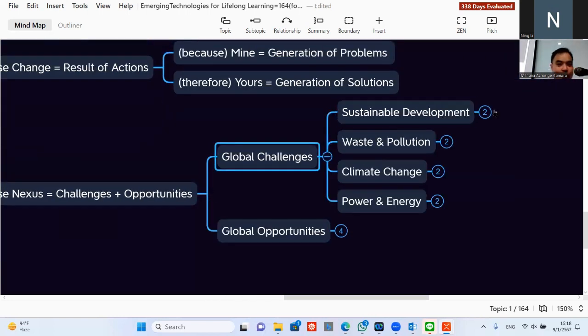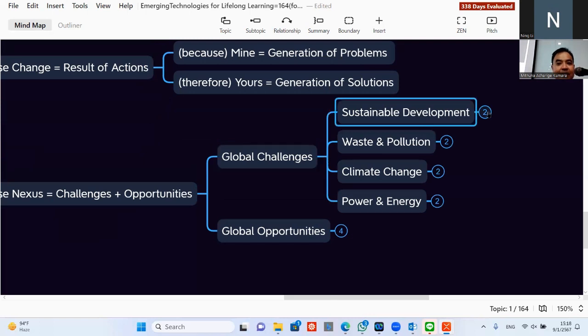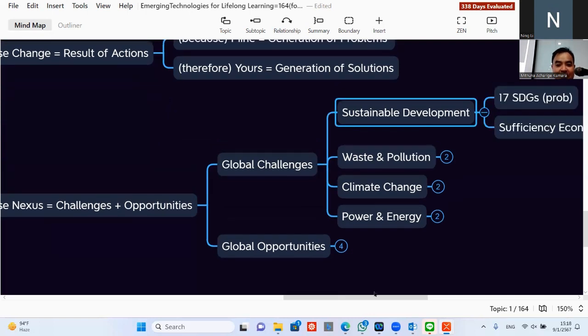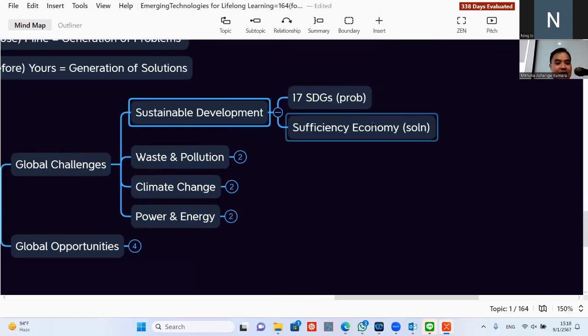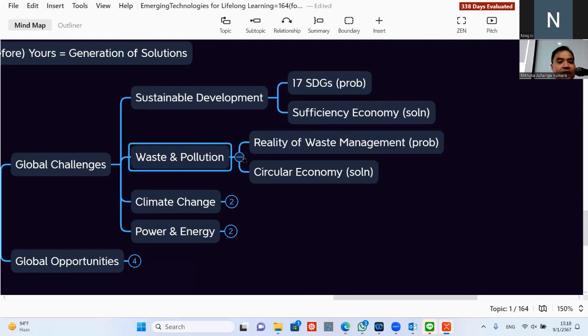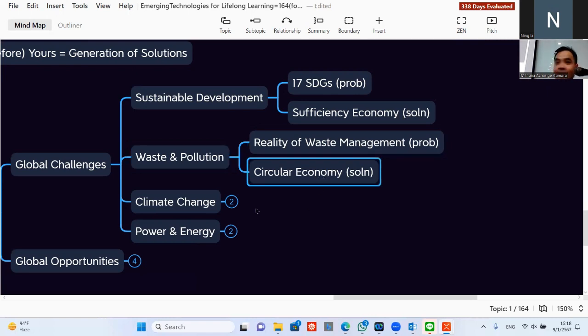So for any kind of global challenge, you have sustainable development, right? You know about the 17 sustainable development goals. And we have, I'll talk about this later, sufficiency economy as a solution. Waste pollution, right? Waste management right now is a problem, maybe you have to solve it with a circular economy.